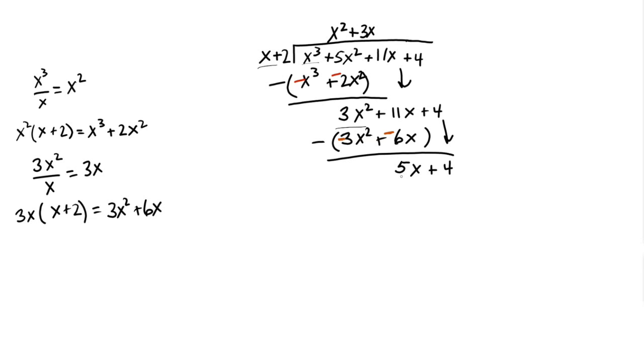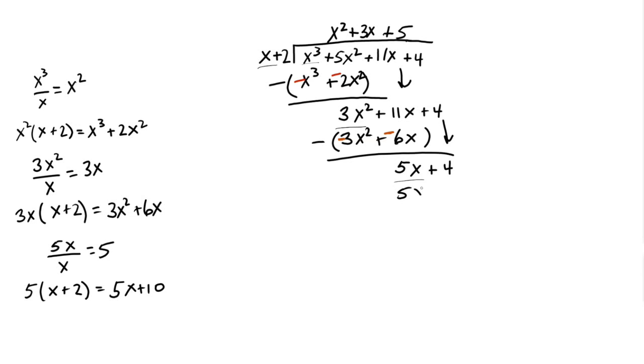Let's see one more time. 5x. So I take 5x and I divide it by x. I get 5. So this is now plus 5 up here, and then I multiply 5 by x plus 2. So that's 5x plus 10.